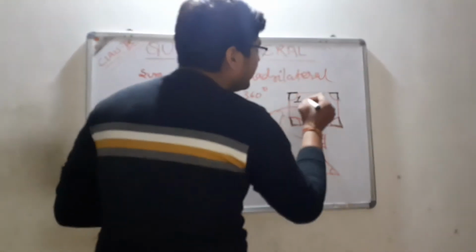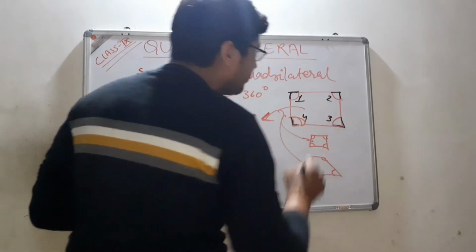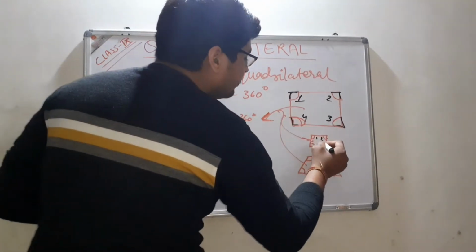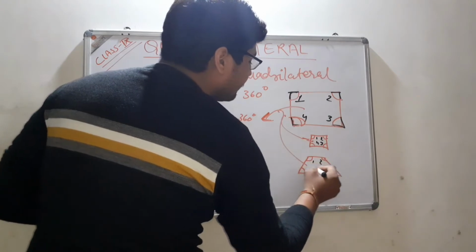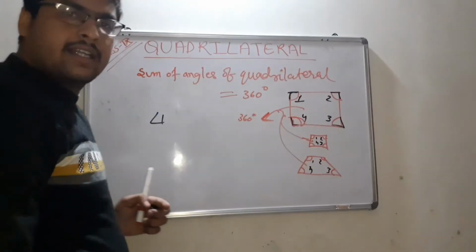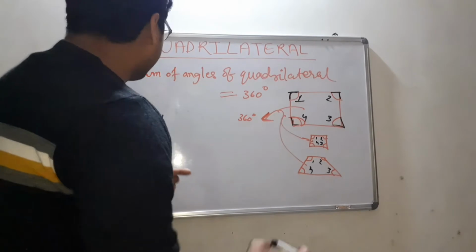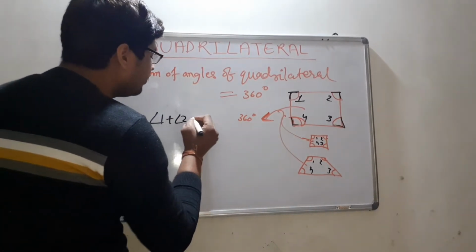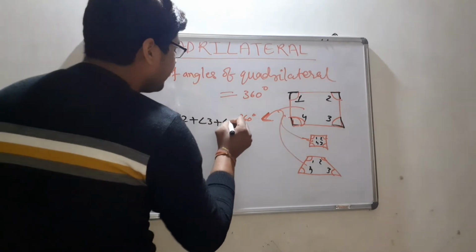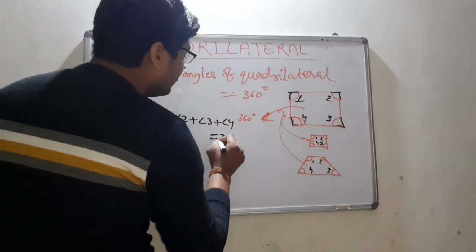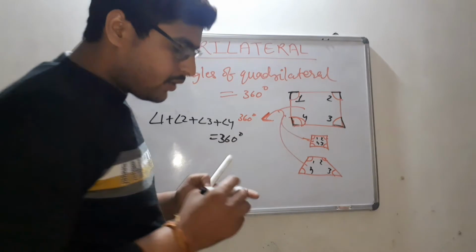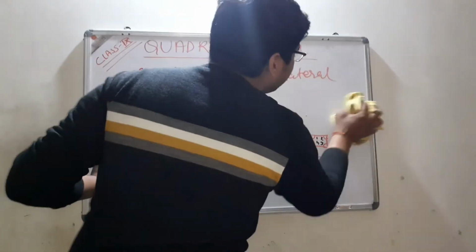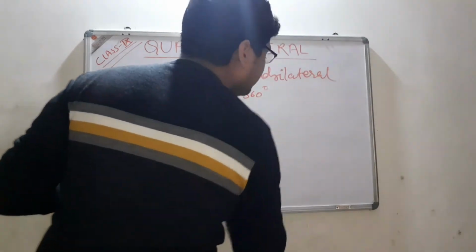Suppose take angle 1, angle 2, angle 3 and angle 4 and measure each of them. Any quadrilateral you take and measure using a protractor, you will get angle 1 plus angle 2 plus angle 3 plus angle 4 equals 360 degrees.